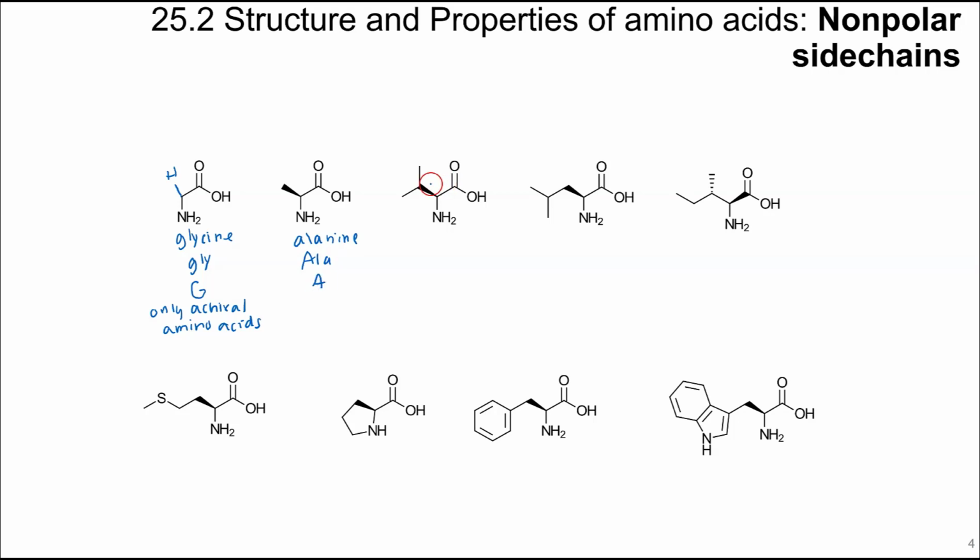The one with the isopropyl as the side chain is valine, Val and V. This one is called leucine. I don't understand why, and you'll understand why I don't understand why when I show you the next one. This is L. So leucine has an isobutyl group.